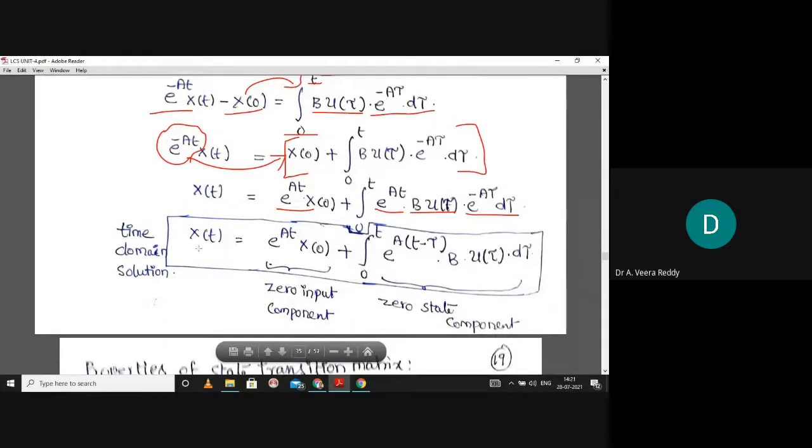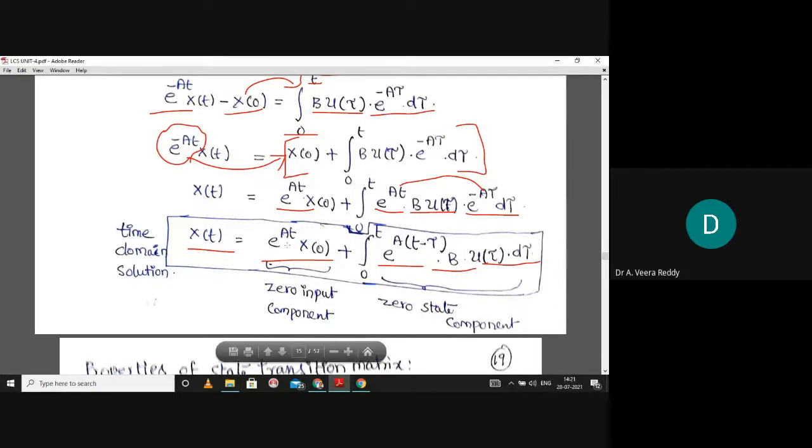So therefore x of t equals e power At x of 0 plus integral 0 to t e power A into (t minus tau) into B u of tau d tau, you can multiply these two terms. So this is a complete solution, the time domain solution of the non-homogeneous state equation, or we may call it the complete solution of the forced system.